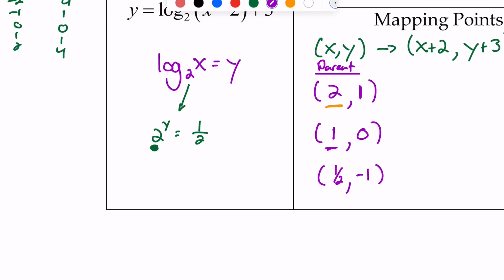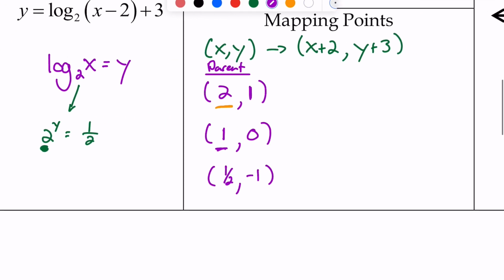Well, -1. So those are generally going to be the points that you want to use: your base, 1, and 1 over your base. And we'll see that throughout the other examples too.